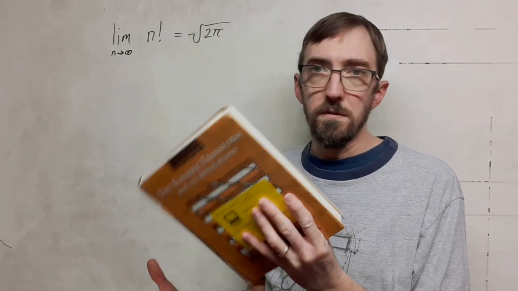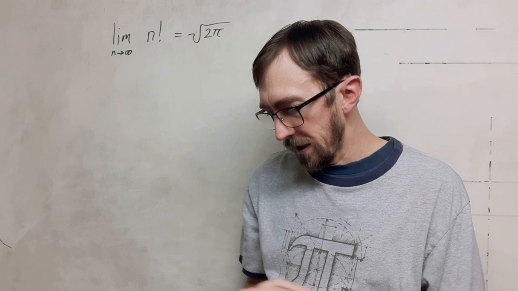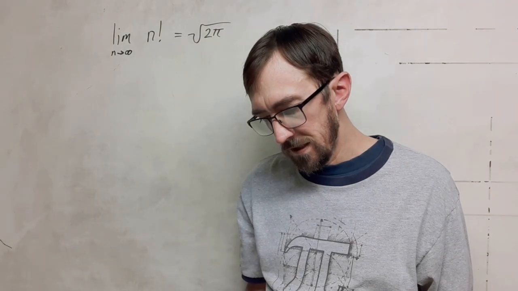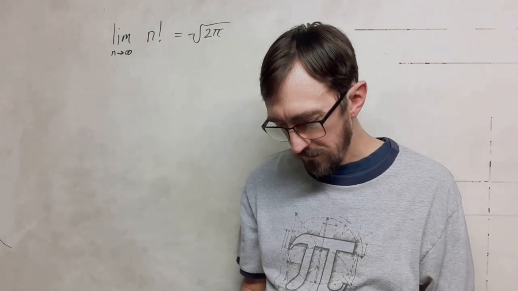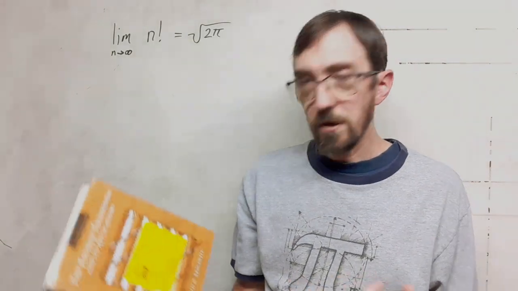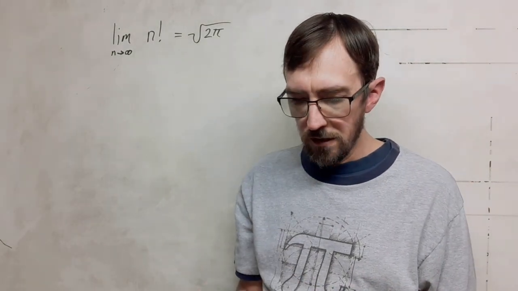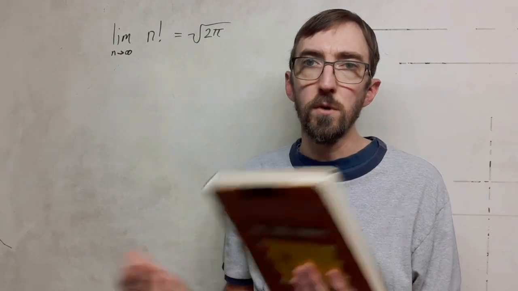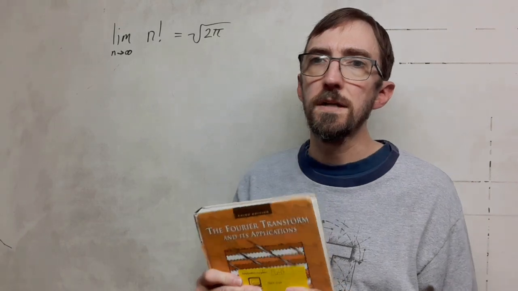So this ended up being a really nice book. It had multiple topics that I was interested in. This is published by McGraw Hill, and I'm going to have to return it soon, but I did really enjoy this book, what little of it that I did actually look at.